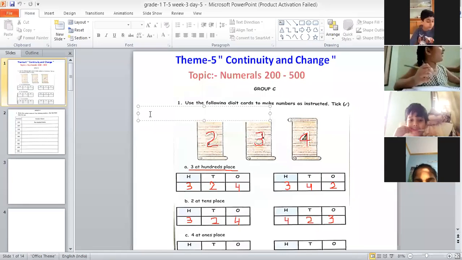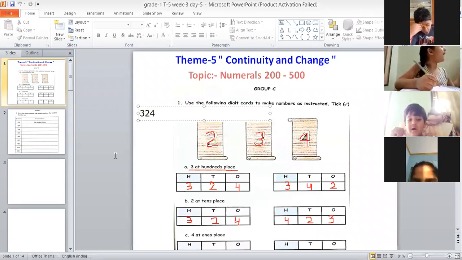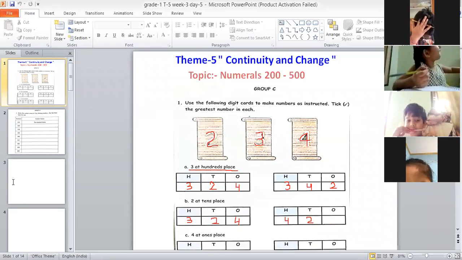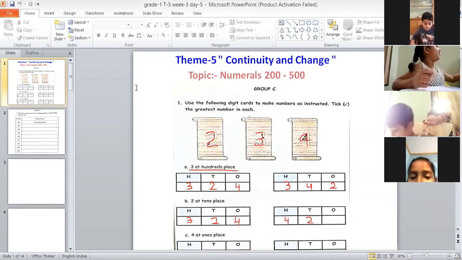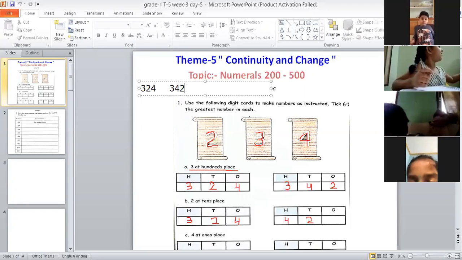Look at your screen. So the first number is 324 and the next number is 342.